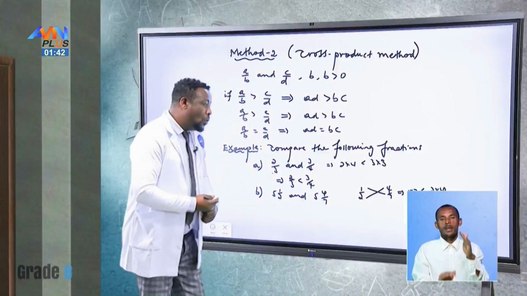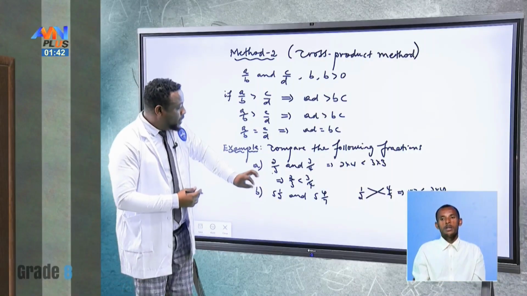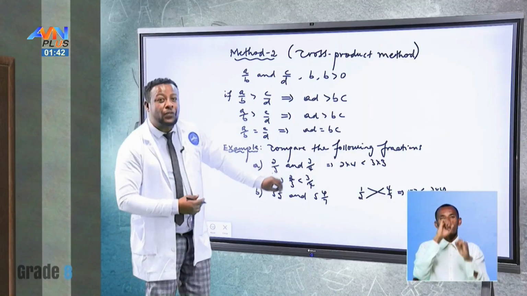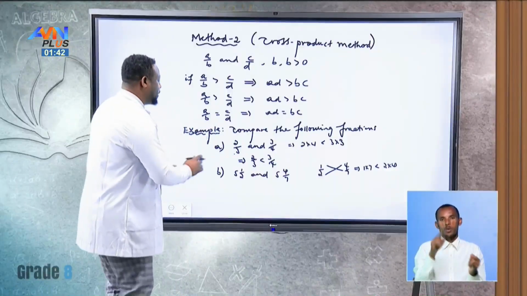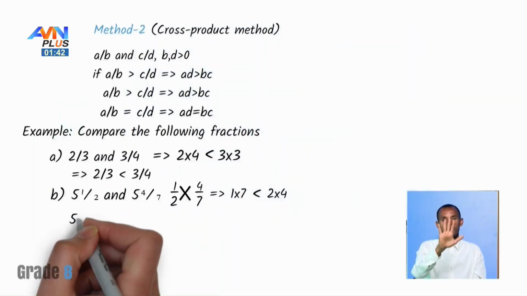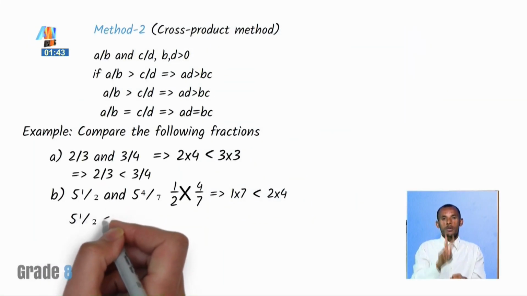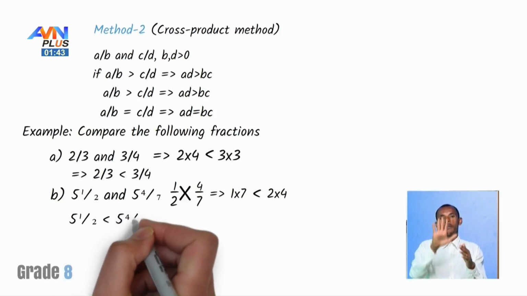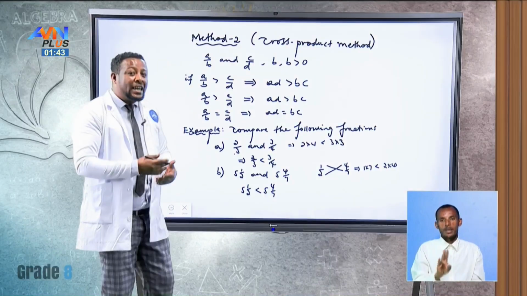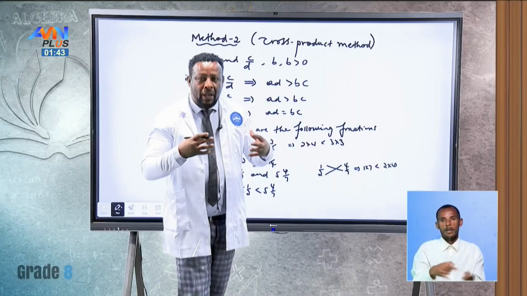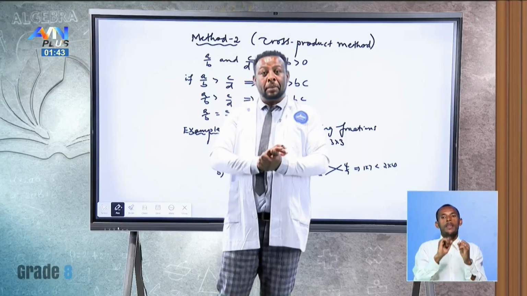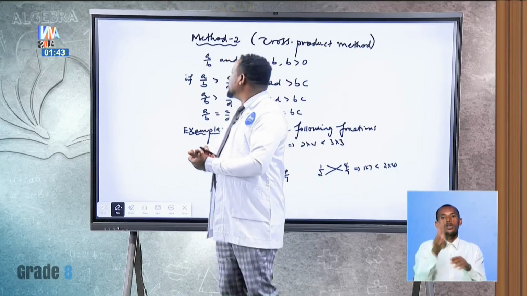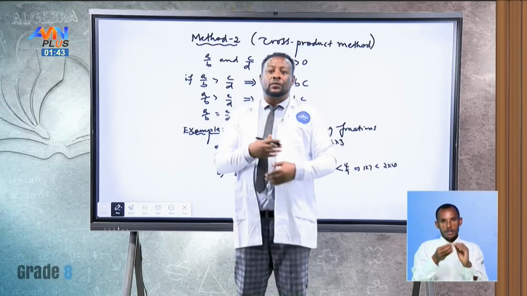So whenever you are asked to compare these fractions, you write 5 and 1 over 2 is less than 5 and 4 over 7. This is the second method of comparing rational numbers, usually rational numbers with different denominators.